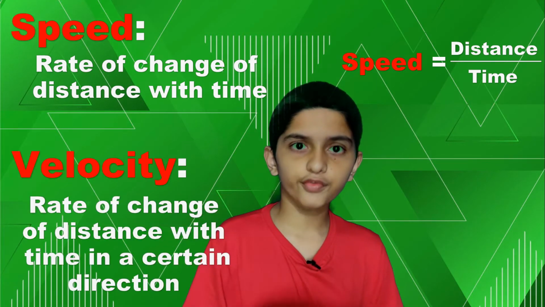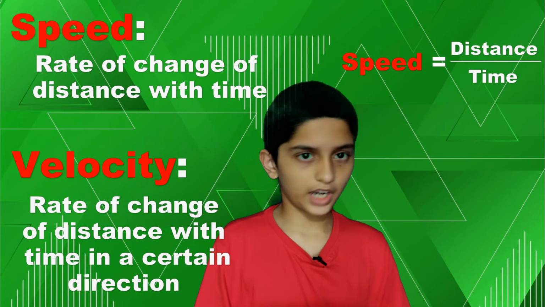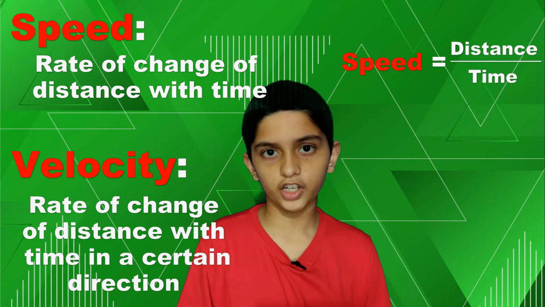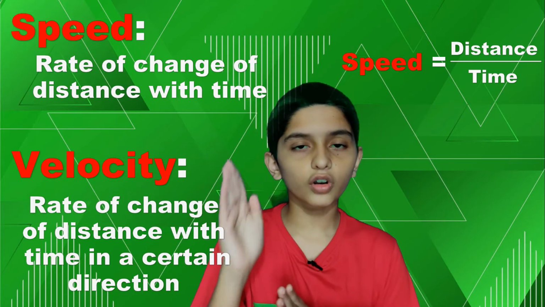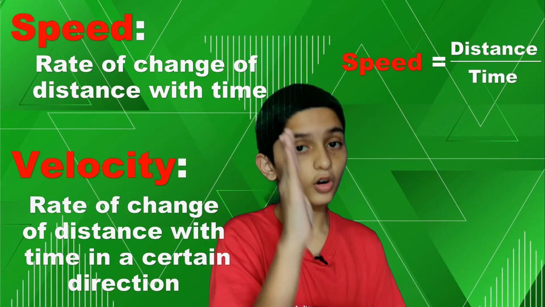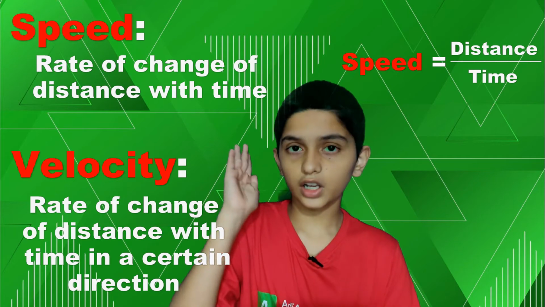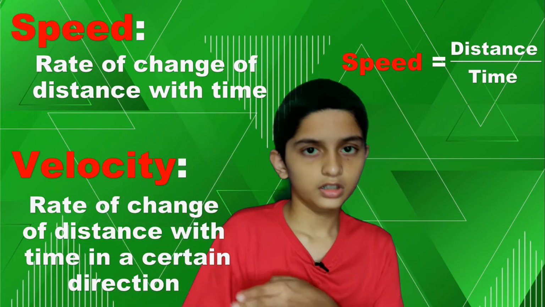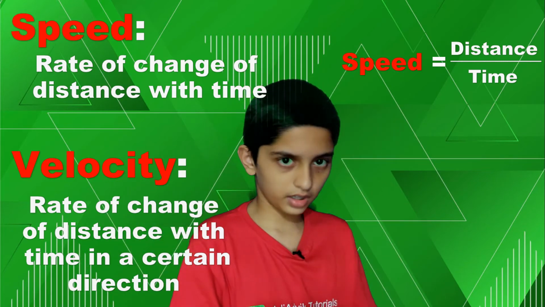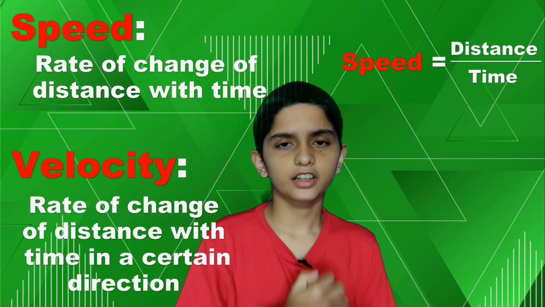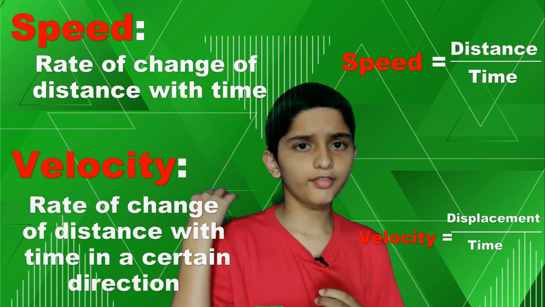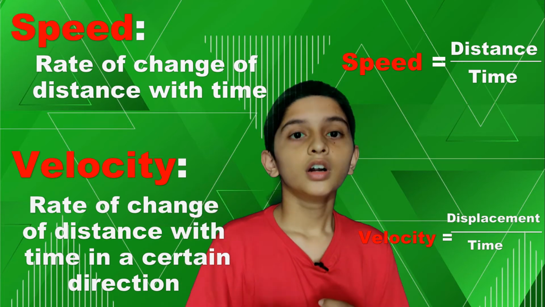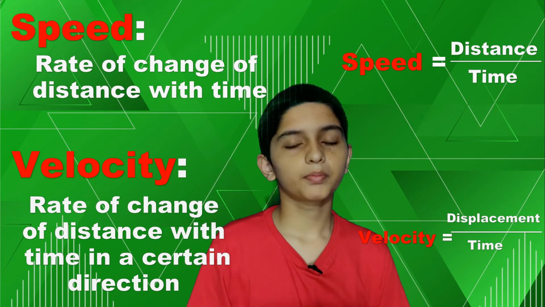Velocity is the rate of change of distance with time. Till here it is the same definition. In a certain direction. It will go only in a certain direction, like only a straight line. Velocity's formula is velocity is equal to displacement by time.